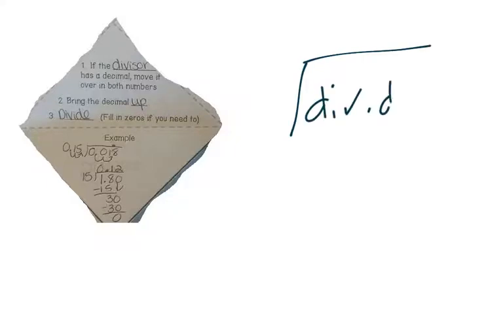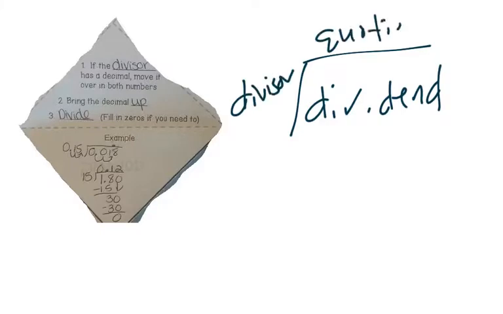Okay, I'm going to put in one more example so that we can kind of review that one. Okay, and I just want to make sure that you still remember dividend, divisor, quotient. You have to be familiar with those vocab terms in order to be successful here.